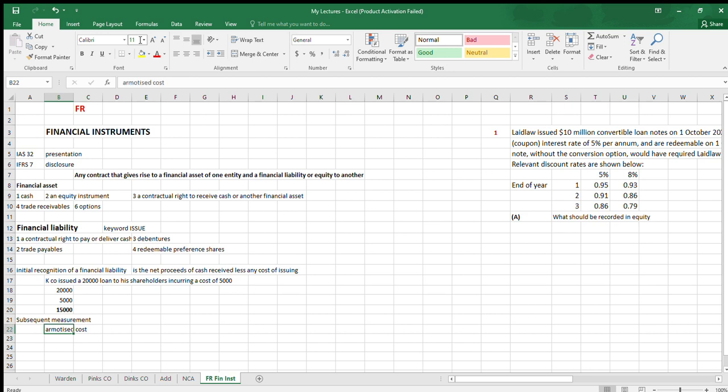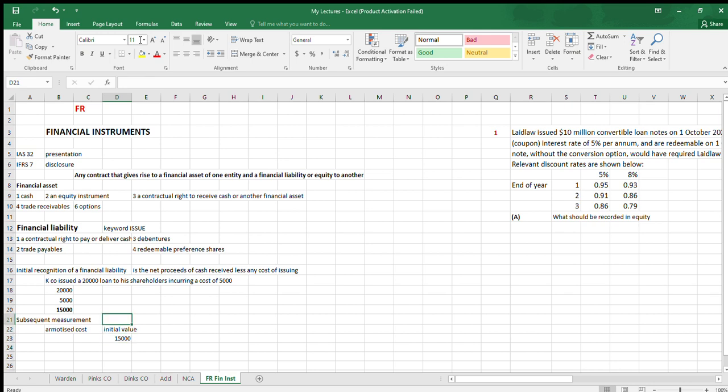Remember, subsequent means that where you ended the initial recognition is where you start from. So we have the initial value, and in this case our initial value will be our initial recognition. Always the initial value is the initial recognition, so in this case it is our 15,000 over here. That is under the amortized cost.